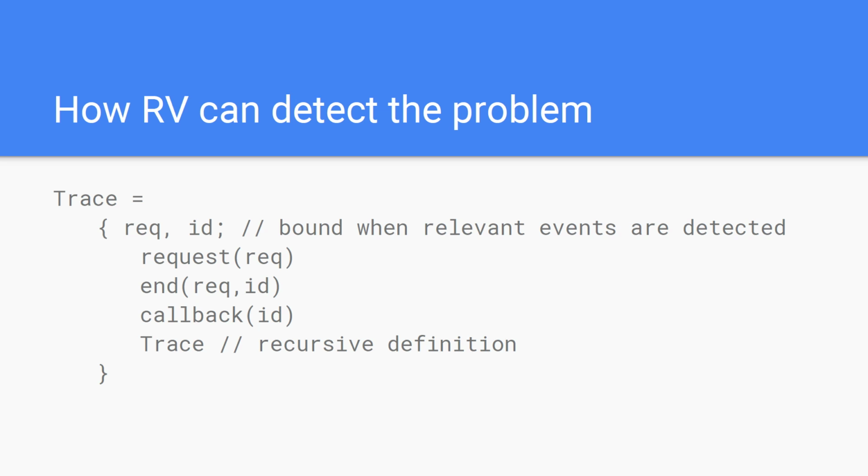Of course, you can also specify finite traces, if you know that at a certain point your system is allowed to terminate. Here, for simplicity, I've only given a specification where these loops go forever, but of course you may also take into account the fact that sooner or later you want to execute it.